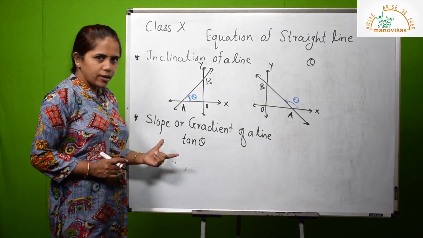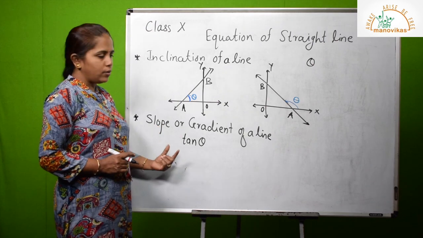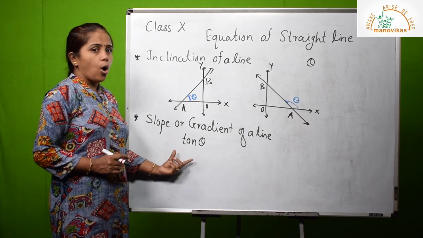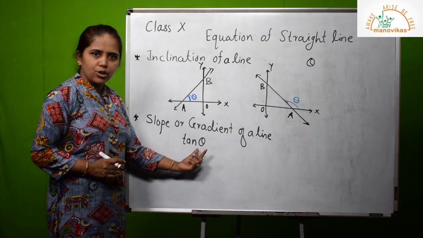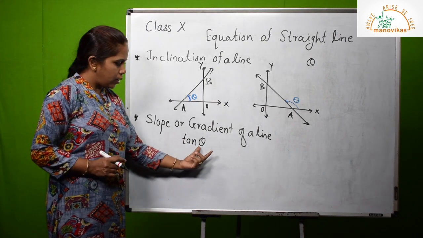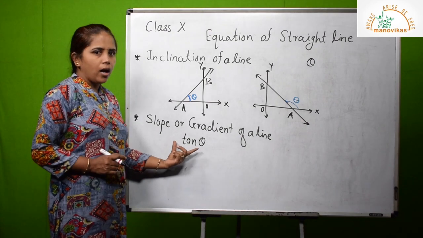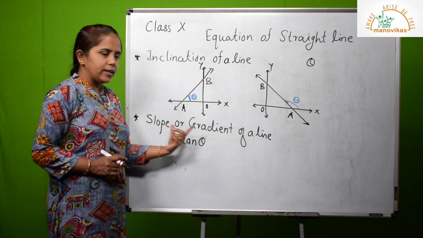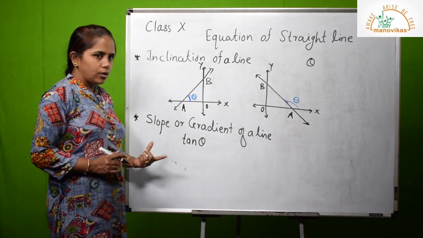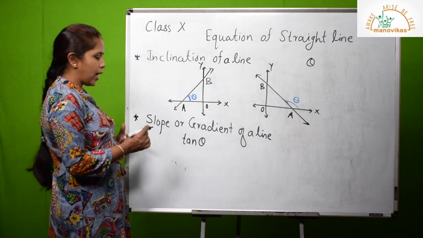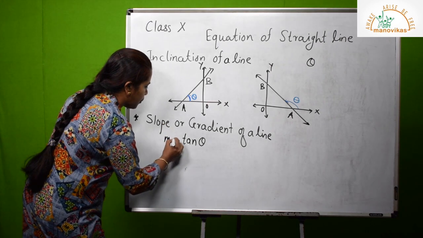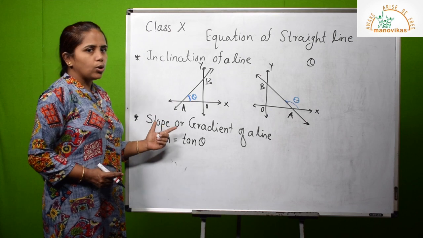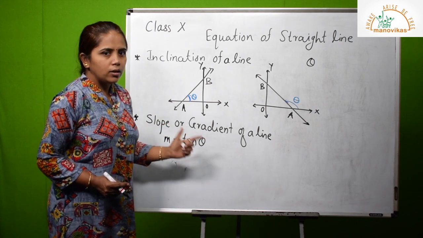Slope or gradient of a line is nothing but the trigonometric ratio tan of the angle of inclination of the line, that is tan theta is nothing but the slope or gradient of a line. And the standard notation for the slope of a line we can denote as m. So m is equal to tan theta is nothing but the slope or gradient of a line.